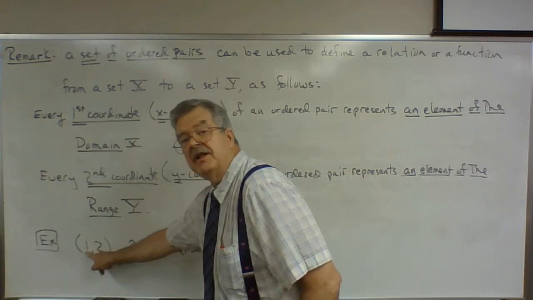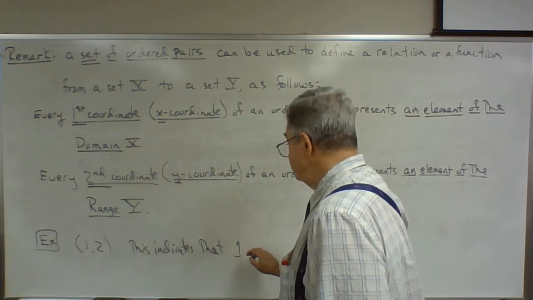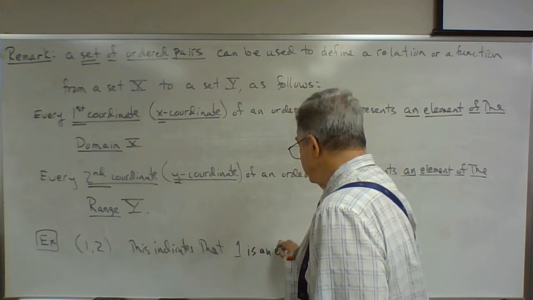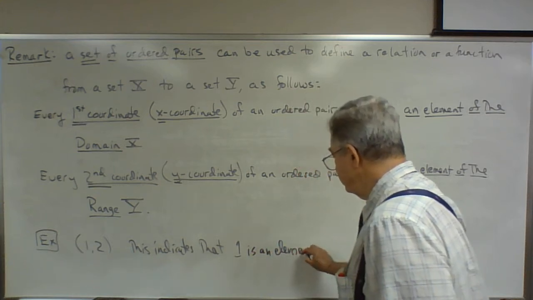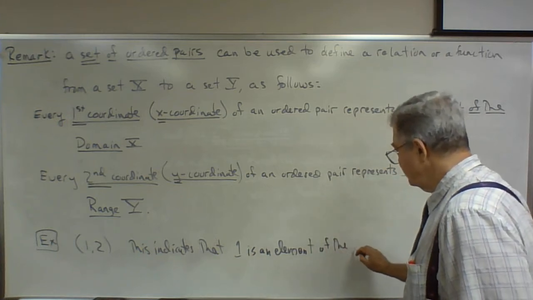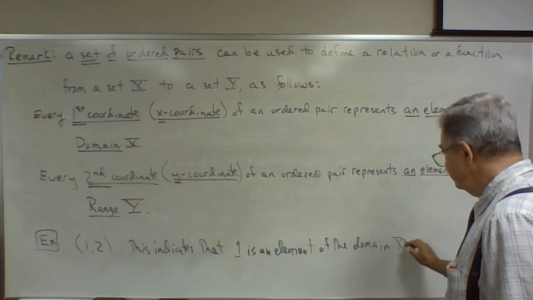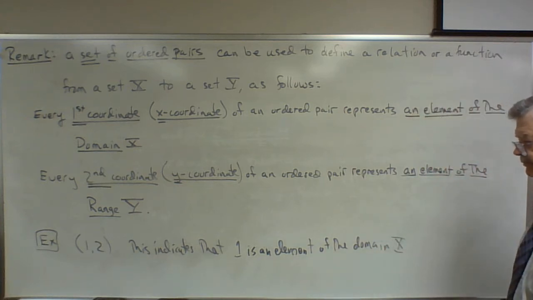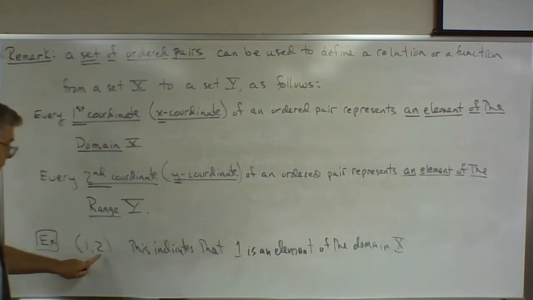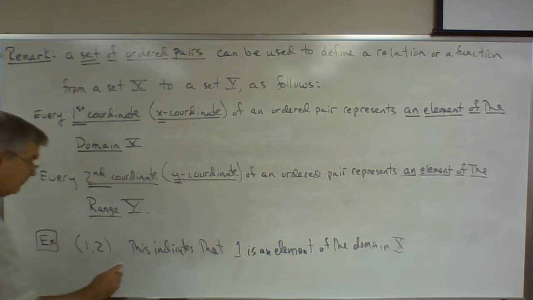This is the first element or x coordinate. So this 1 is an element of the domain x. And what about this second coordinate, this y coordinate?